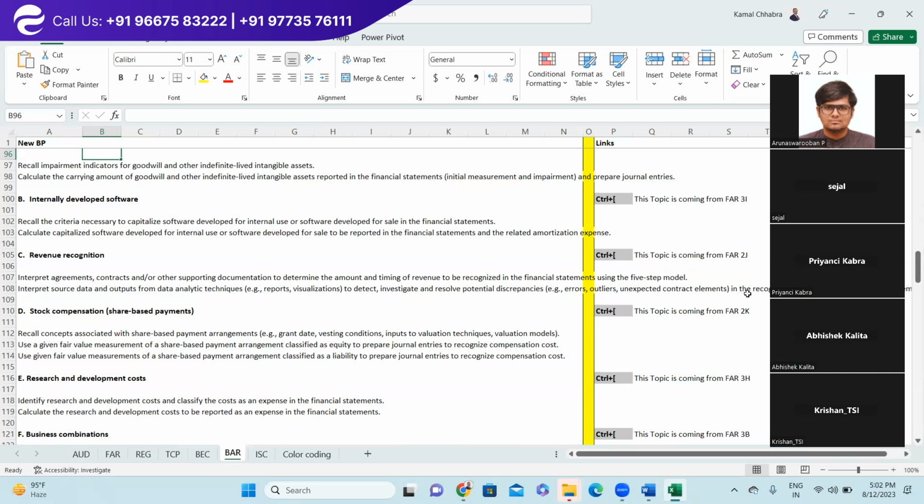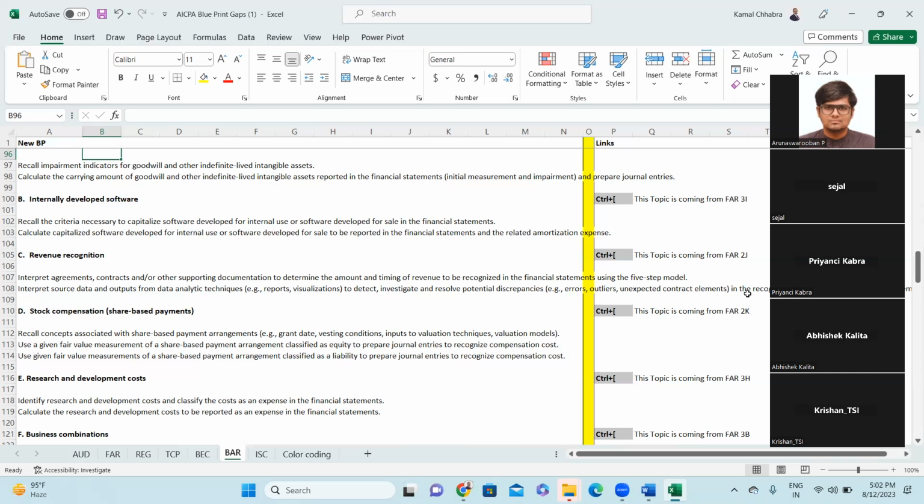Third step is the transaction price: what is the overall price of the contract, and what is the price for the respective performance obligation? The fourth step is allocation of the transaction price to the respective performance obligations which you identified in step 2. And the last step is revenue recognition.